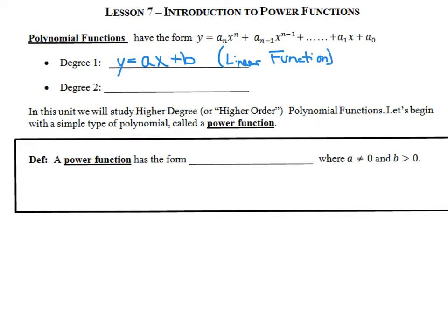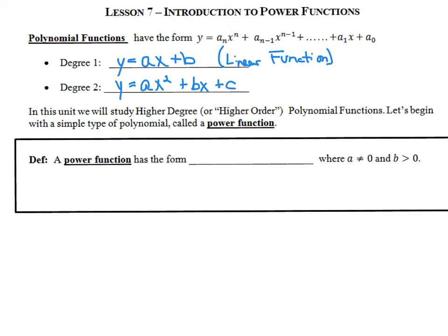A polynomial of degree 2 just means that my highest exponent is going to be a 2. So that kind of function would look like this: y equals a times x squared plus b times x plus c. Again, just like the polynomial function in the general form that I talked about in the top line, each term has an exponent on the x, and it has a coefficient.